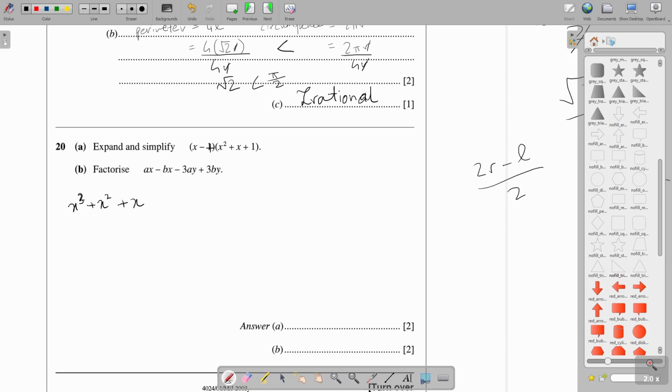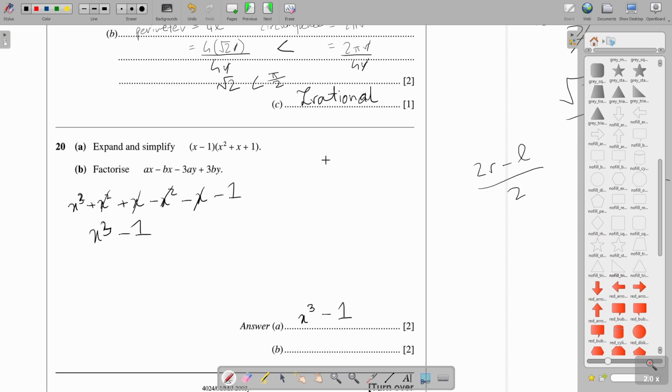Then -1 multiplied by x squared is minus x squared, -1 multiplied by x is minus x, and -1 multiplied by 1 is just -1. So this and this, this and this get cancelled, so all we get is x cubed minus 1. Cool.